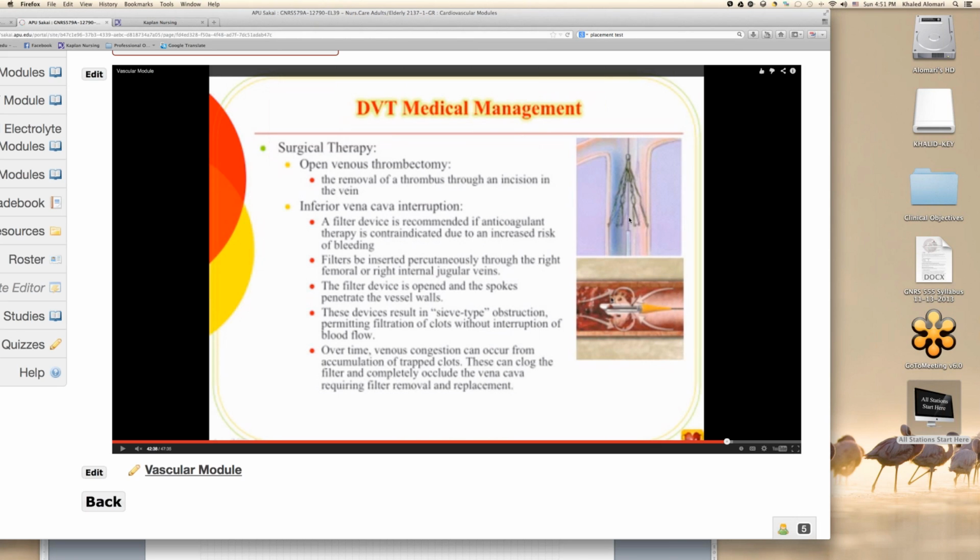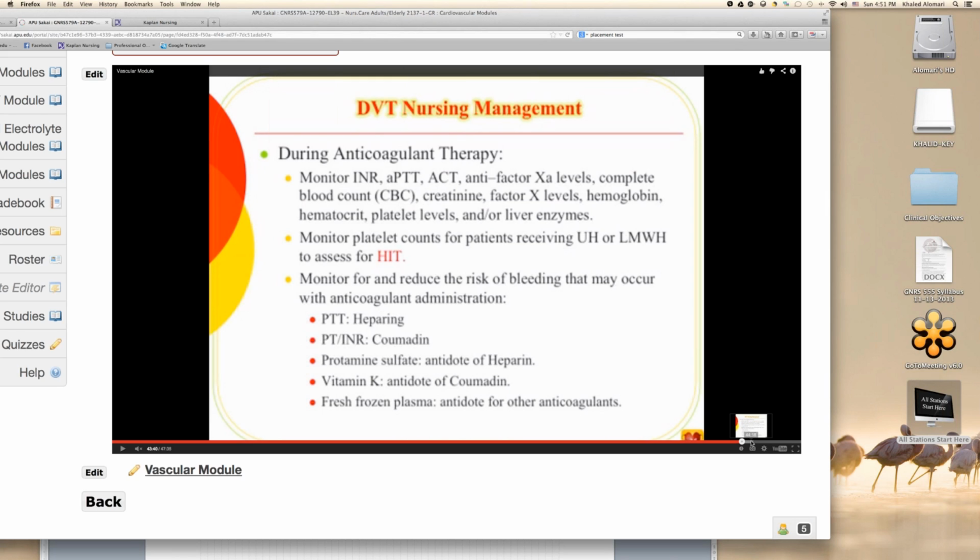This is done for patients with high risk for DVT who frequently get DVTs but cannot take Coumadin or any anticoagulants. So if a DVT tries to go up and cause a pulmonary embolism, it will stop right here. The blood flow will continue fine, but only blood clots will be caught and they will not go up, causing other problems, stroke or MI or PE.